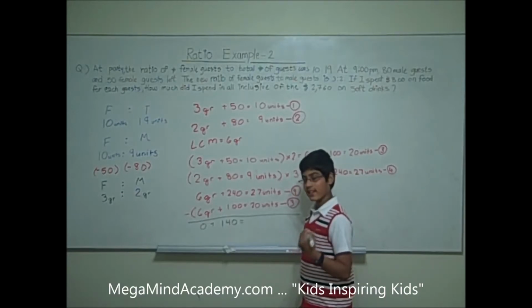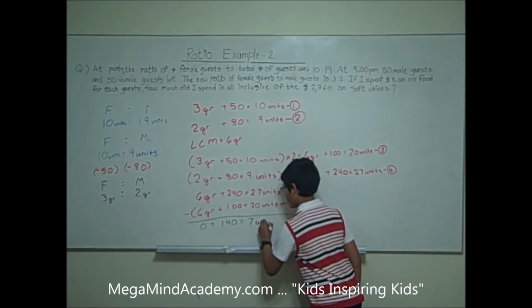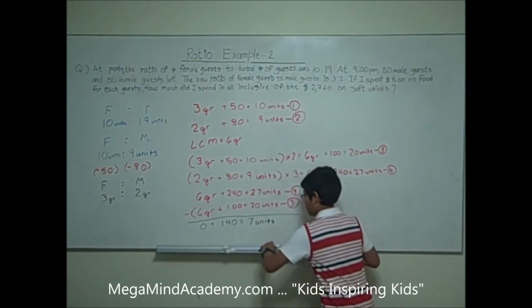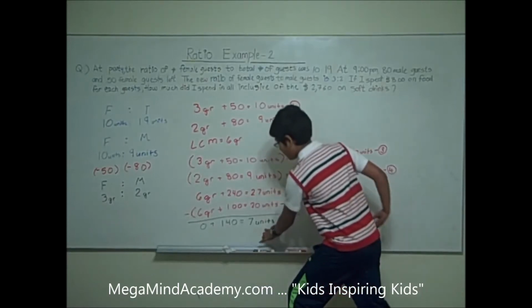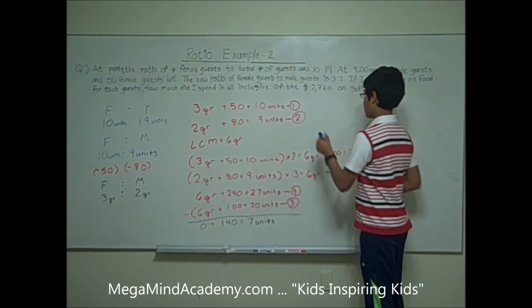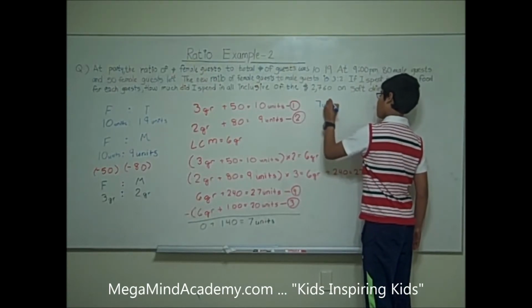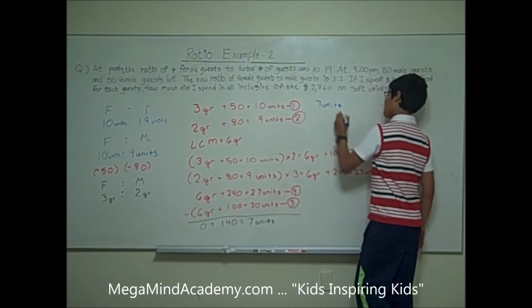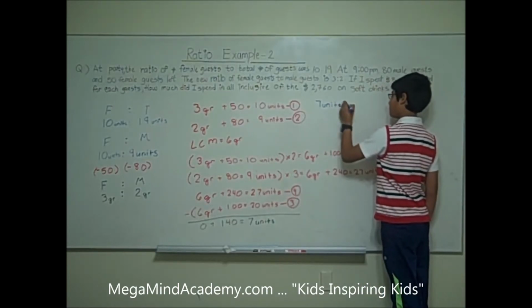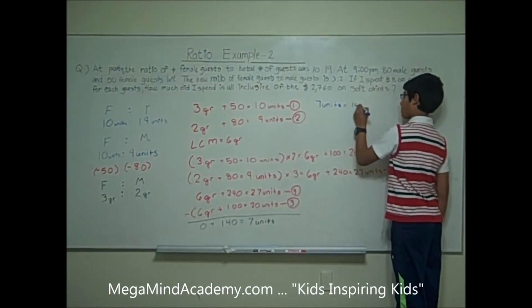So this means that 7 units is equal to 140.